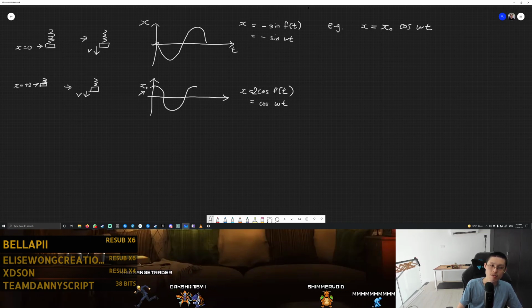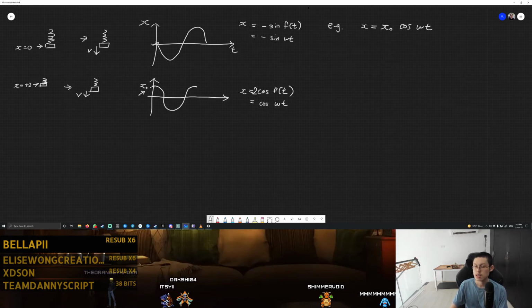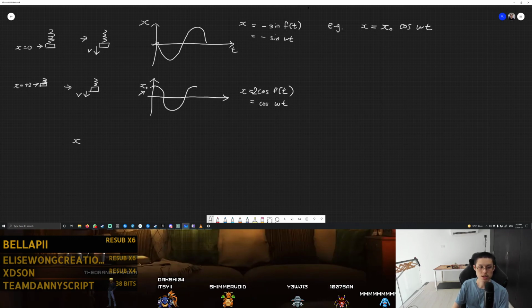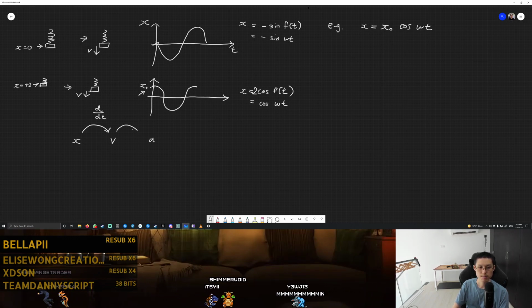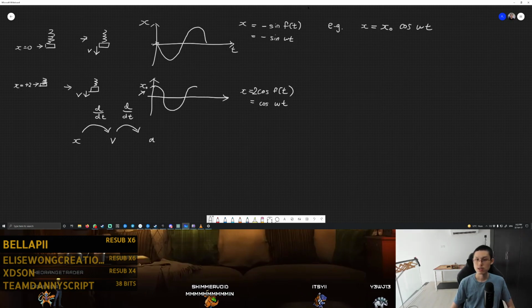So if I want you to find the velocity of this function, and you have the displacement function, remember back in math, if you want to go from displacement to velocity to acceleration, what should you do? You differentiate with respect to time. So you're actually doing the same thing here. We start by differentiating this with respect to time.